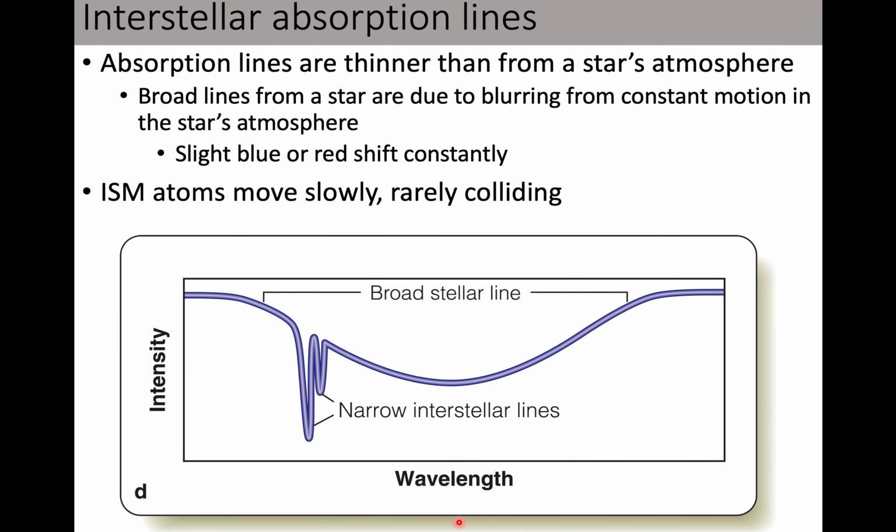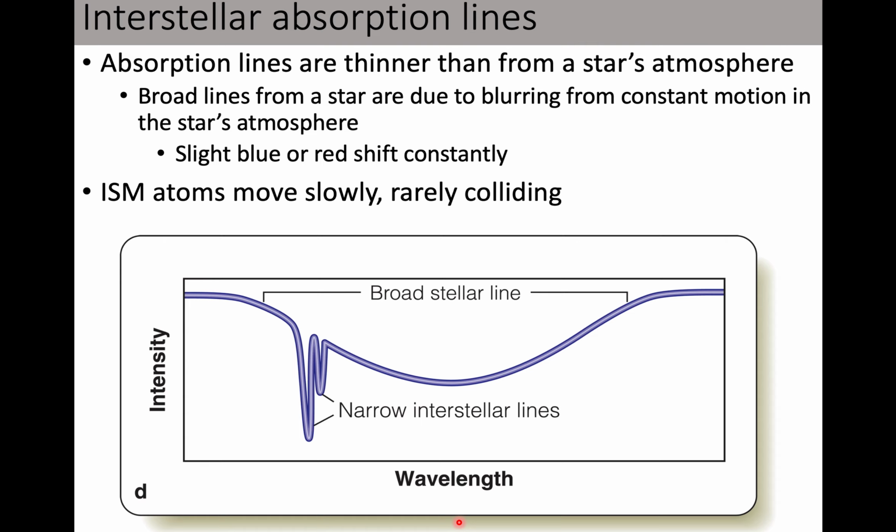So the ISM absorption lines look a little different than what we've been looking at from a star or the star's atmosphere. The absorption lines that we've been talking about so far in this class from a star's atmosphere would have much more broad lines than ISM absorption lines.